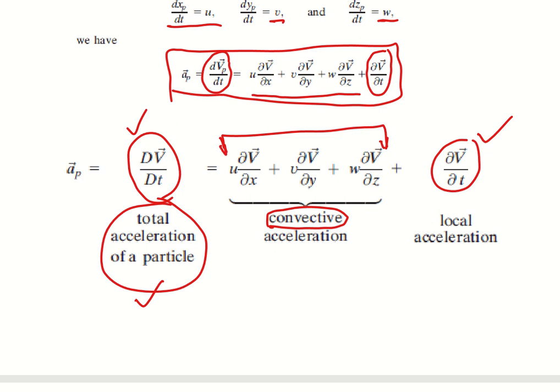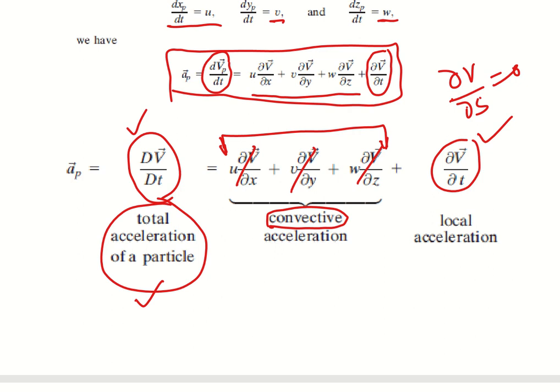If you don't have a flow field, means flow is steady and flow is uniform. In that case, if flow is uniform, it means velocity is not changing with position. So what is del v over del x? When v is not changing with position, it means that flow is uniform. So this term is 0, this term is 0, this term is 0. If flow is uniform, it means that del v over del s is equal to 0.